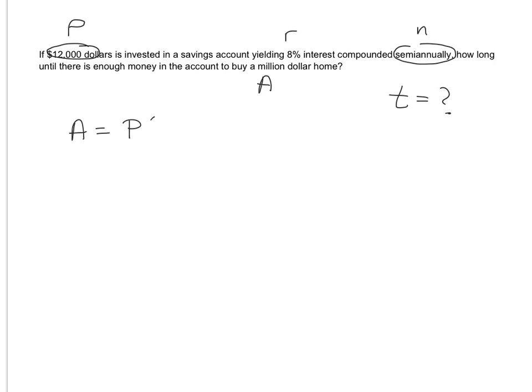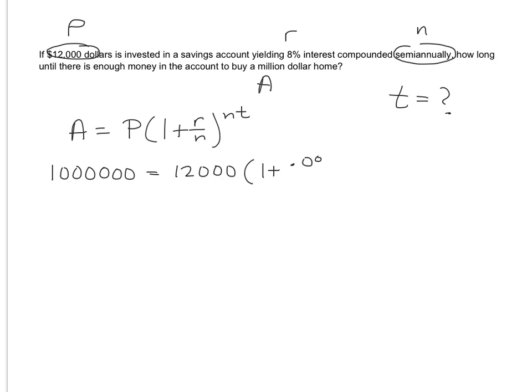So if I remember my formula, it looks like this. So A now is $1 million. So we're going to be able to use our log and our exponential equation solving to actually figure out how long this is going to take. So I'm just putting all the values I know into the formula, not 12, this is semi-annually, so it's only 2.